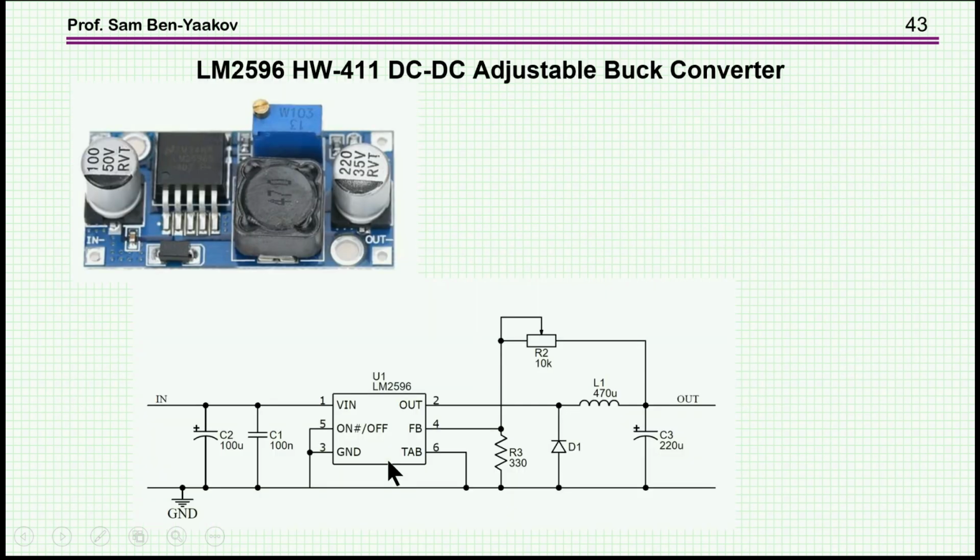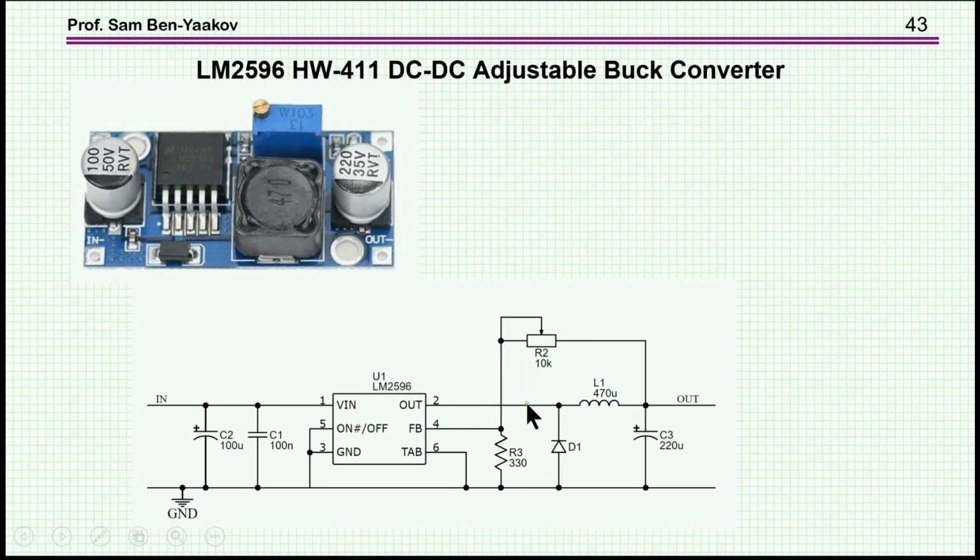Let's now go to a real measurement. Here I have a switch mode converter built around this LM2596 IC, which has a switching transistor within it. It has everything in. You do have to put an inductor outside and a diode.